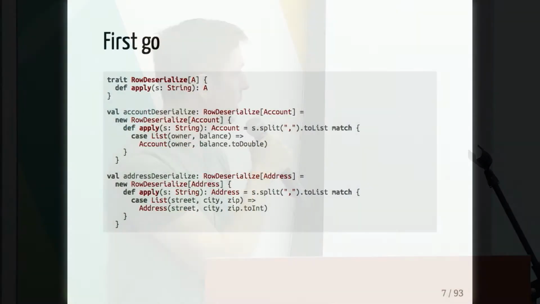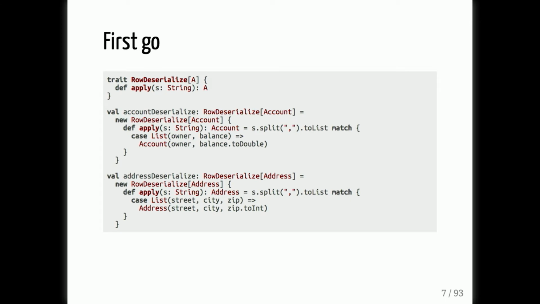So let's try this out with just a naive first go. So we have our deserializer, which is parameterized on some generic A. We use the apply method, which gives us some nice syntactic sugar, and basically string.split and apply these things to those types that we had earlier, account and address.